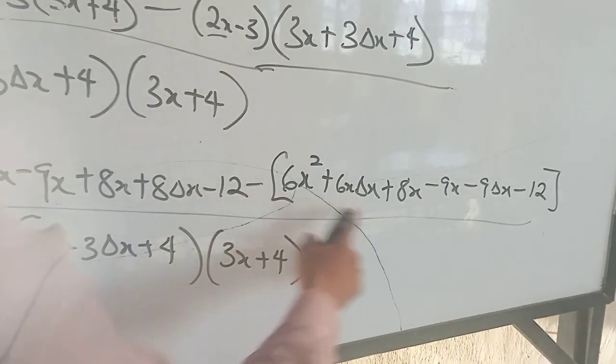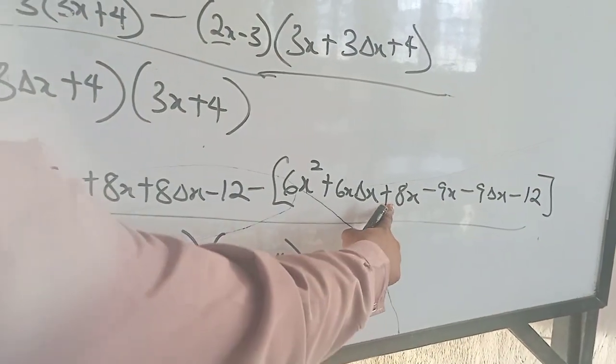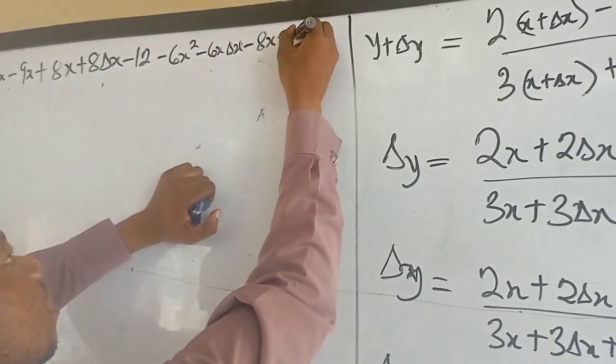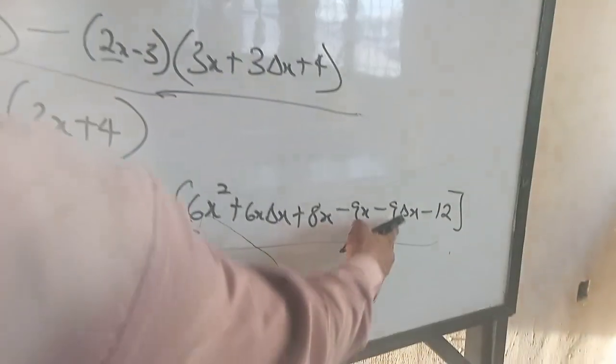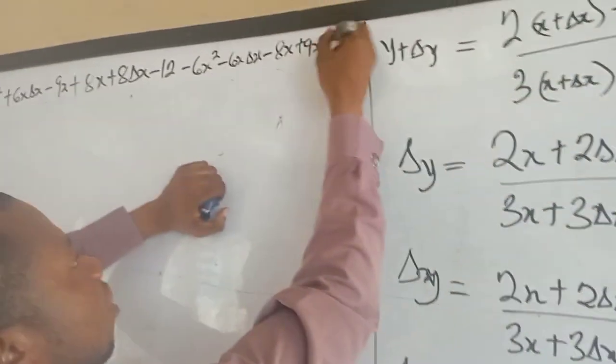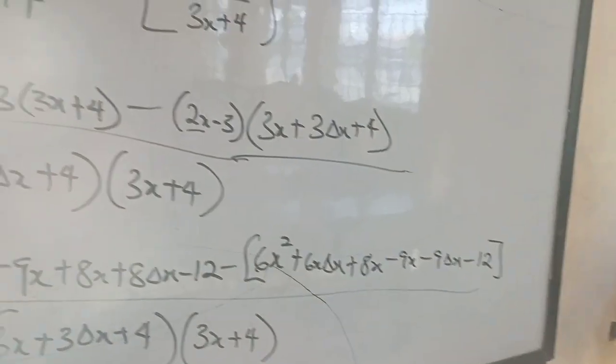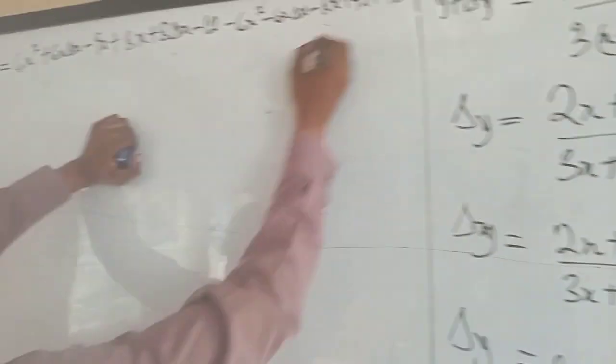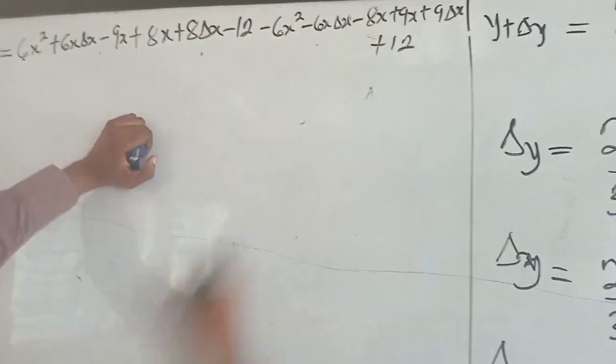Okay? Minus times this will give me minus 8x. Minus times this will give me plus 9x. Minus times this will give me plus 9 change in x. And finally, minus times minus 12 will give me plus 12.